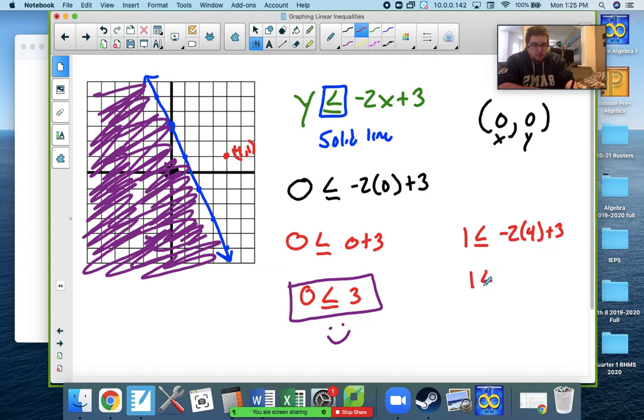So 1 is less than or equal to negative 8 plus 3. So 1 is less than or equal to negative 5. That doesn't work. That point is not a solution. I'm not allowed to shade anywhere near it. So if this line is the dividing line, you don't want to be on the loser side, you want to be on the winner side, which is the other side.